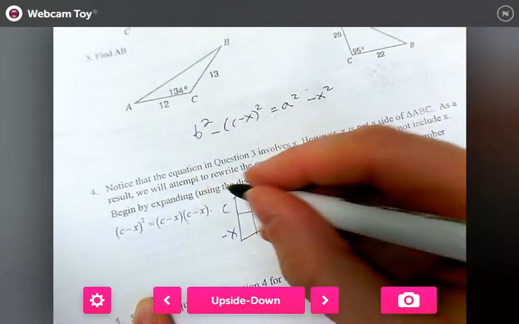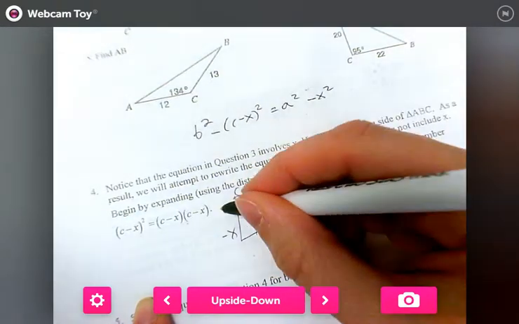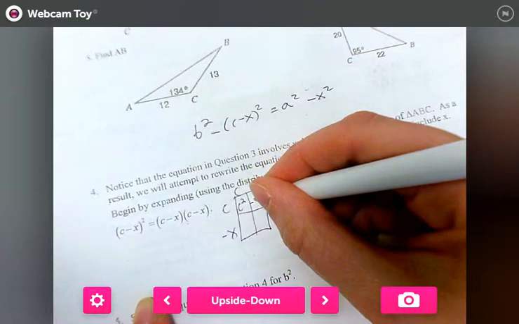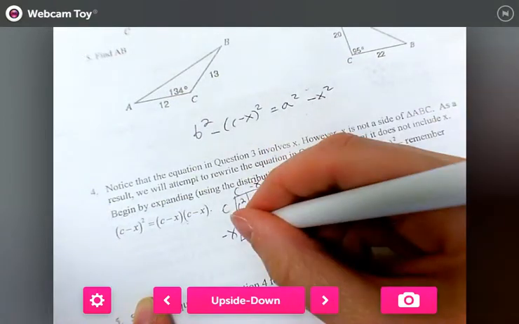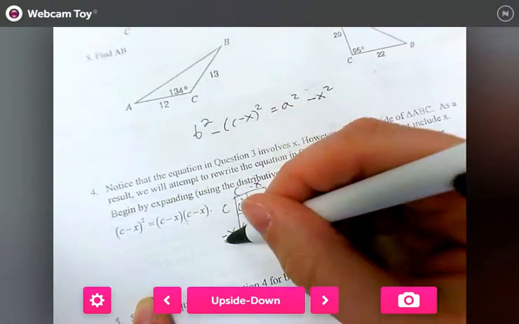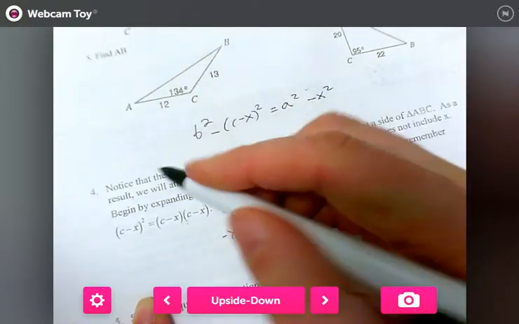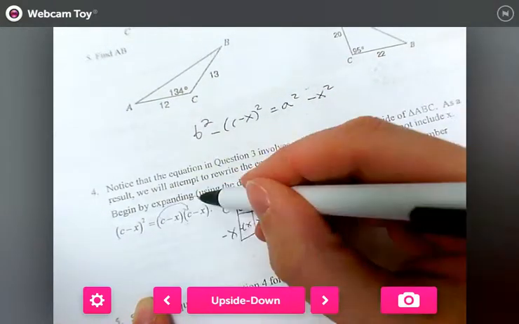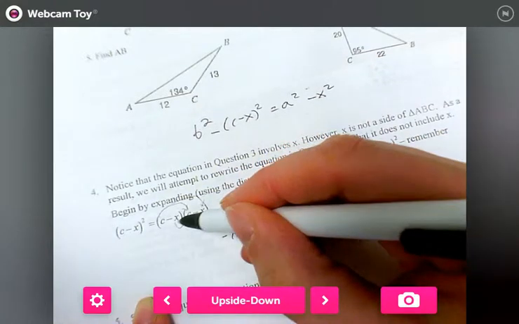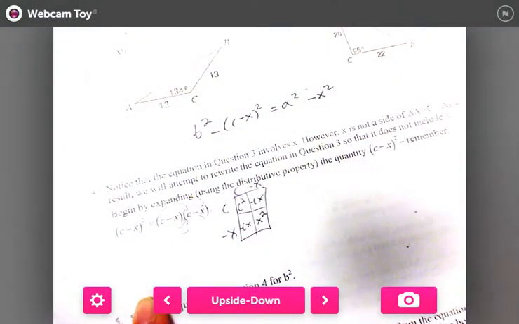C times c is c squared. C times negative x is negative cx. C times negative x is negative cx. And negative x times negative x is a positive x squared. Or you could think of it as FOIL. First, outside, inside, last. Okay?